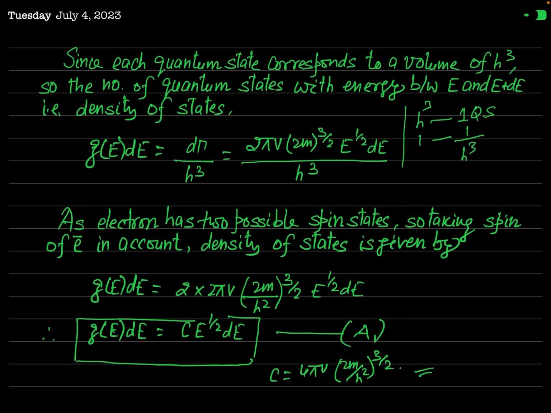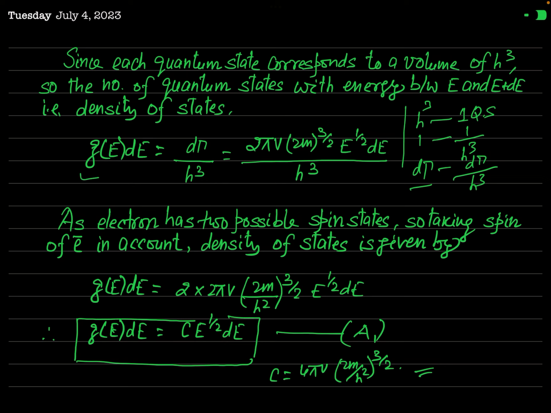What will be the number of quantum states in d gamma volume? That will be d gamma divided by h cube. The number of quantum states in the phase space in volume d gamma, which corresponds to the energy between E and E plus dE, is called the density of states.